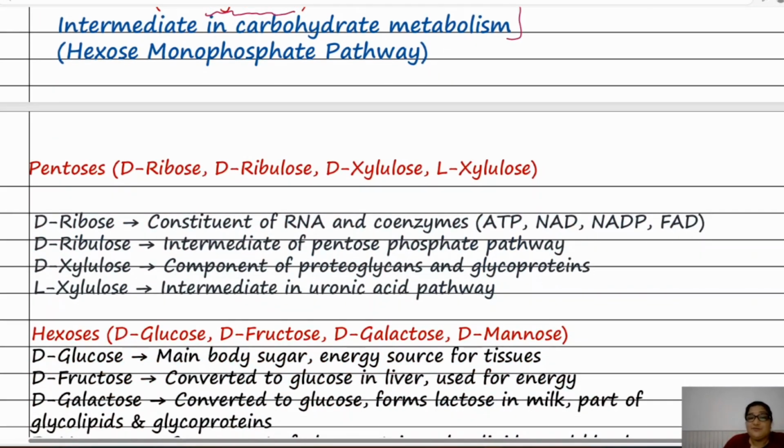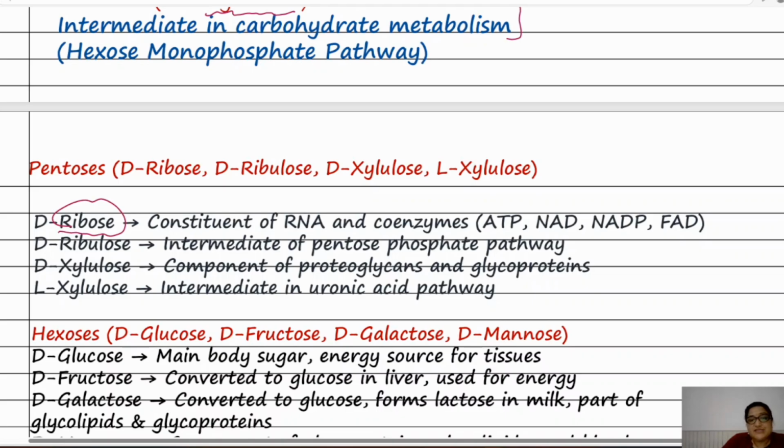Pentoses hold great importance whenever it comes to your DNA and your RNA. The important pentoses are ribose, ribulose, and xylulose.